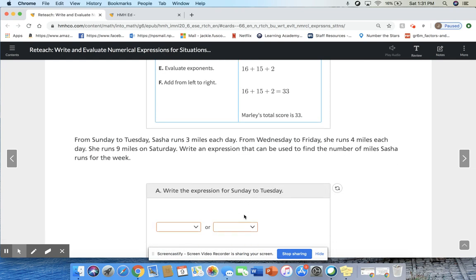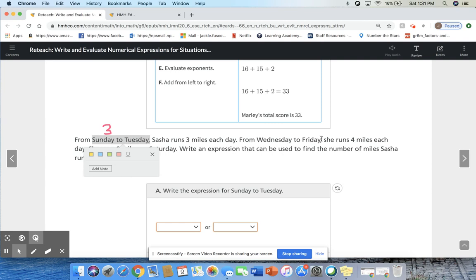Now let's do one that we can do together. From Sunday to Tuesday, Sasha runs 3 miles each day. Let's also figure out, Sunday to Tuesday is how many days? Well, Sunday, Monday, and Tuesday is 3 days. So maybe I can add that in. From these 3 days, she runs 3 miles a day.